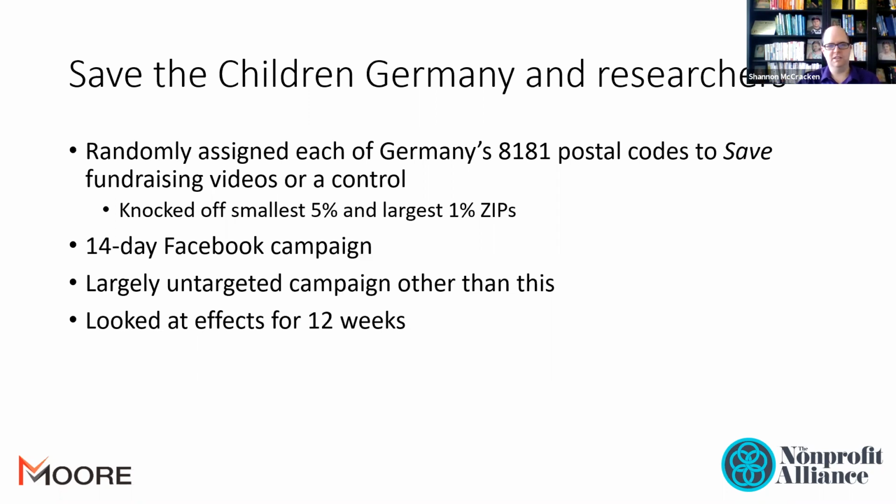And they knocked off the largest zip codes in the thought that they would unbalance the survey as well. They served them ads over a 14-day period. They looked 12 weeks out to see the effect on this. And other than that, it was a largely untargeted campaign.